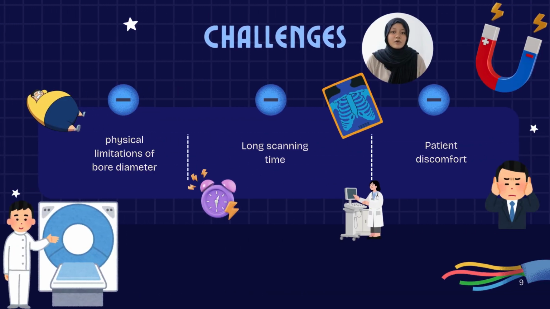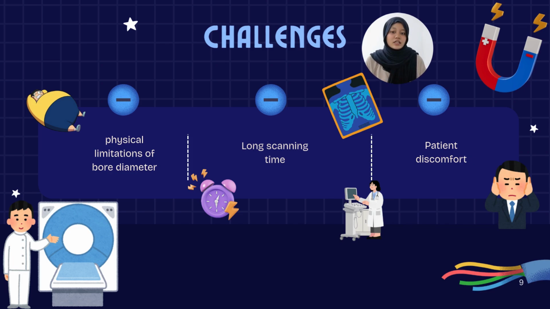Next, I'm going to talk about the challenges of using an MRI scanner. First is the physical limitation of bore diameter. A standard MRI machine has a bore of 60 to 70 centimeters. This MRI scanner has a narrow bore and a fixed weight limit, which can make scanning difficult or impossible for obese and very large patients.